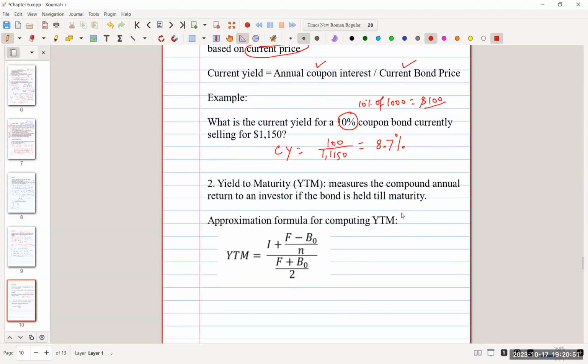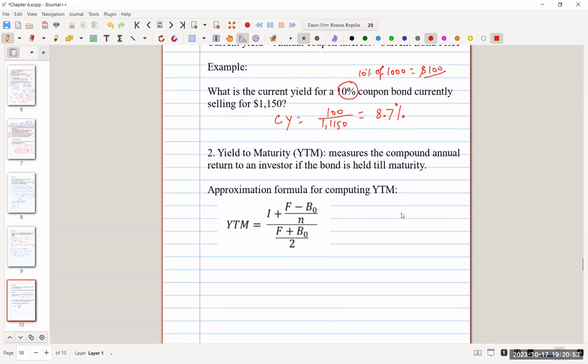The second thing is the yield to maturity, the concept we talked about earlier. It's repeated here. It measures the compound annual return to an investor. Why do we use the word compound? Because we are using TVM, time value of money, so there's compounding going on, one period after the other.